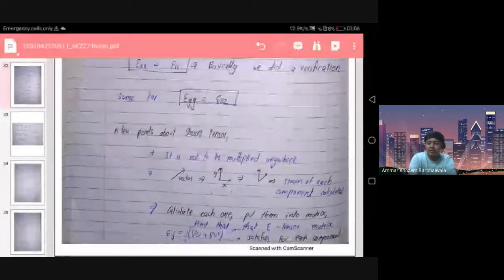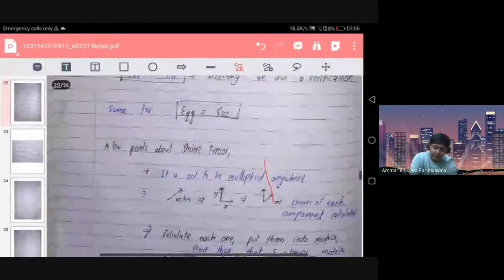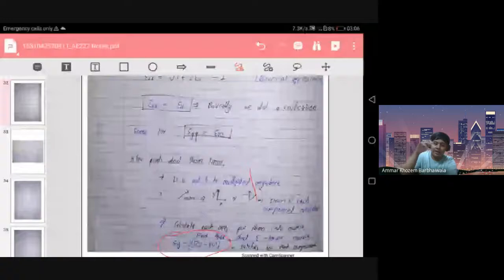If I have the displacement tensor field, then I can write this: epsilon ij is equal to half of grad u plus grad u transpose. It's very simple, and that's exactly how we relate them.